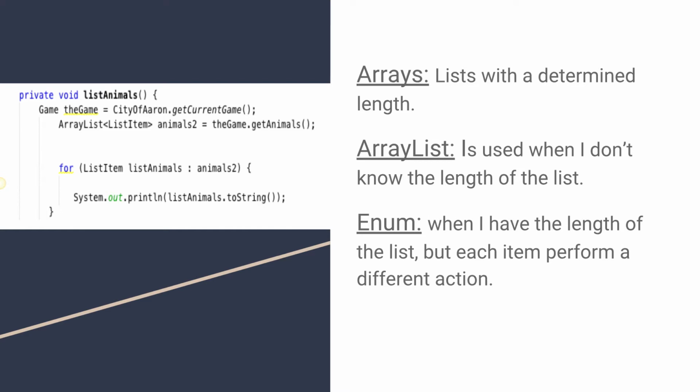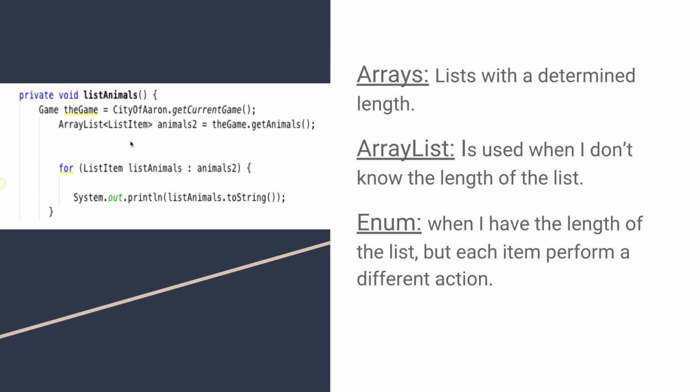For this example, we don't have any arrays in our program, but we could make, for example, the menus as arrays, because we know the size of the menu, how many items there are in the menu, and then we could create them with arrays.